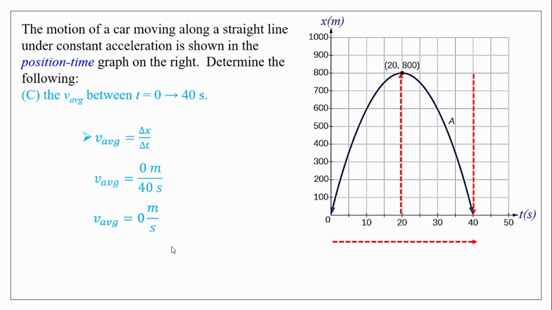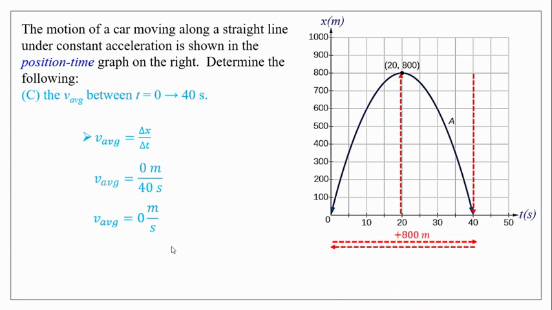Now, if you had a hard time keeping up in terms of visualizing it with the graph, here, the arrow that just came up on the bottom right of the screen. So the object during the first 20 seconds moved 800 meters to the right. But then from 20 to 40 seconds, it moved the same distance but in the opposite direction. So this would be same magnitude but just in the opposite direction.